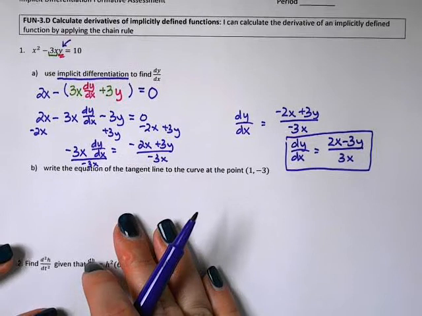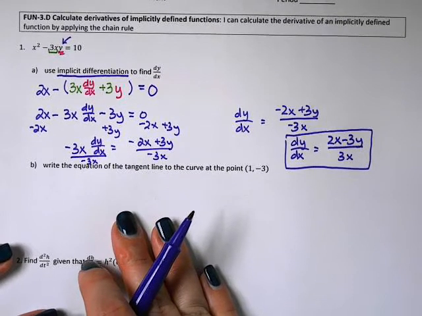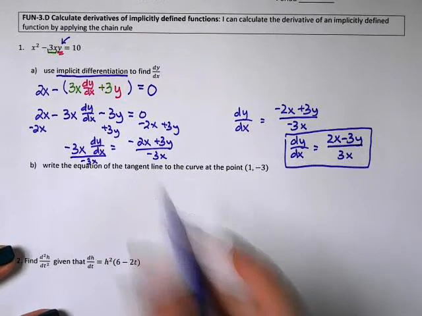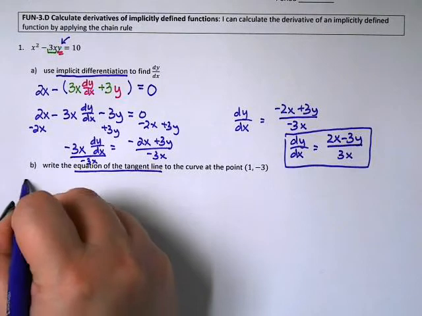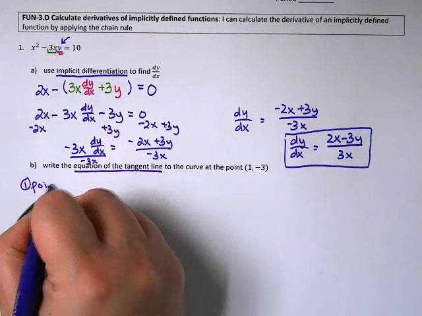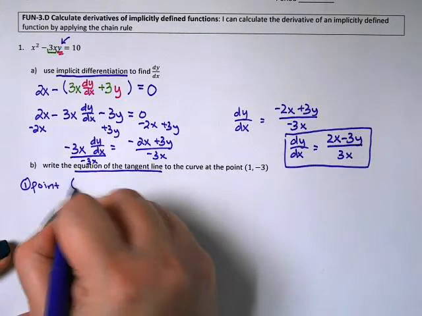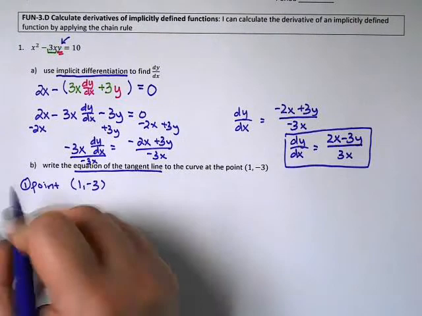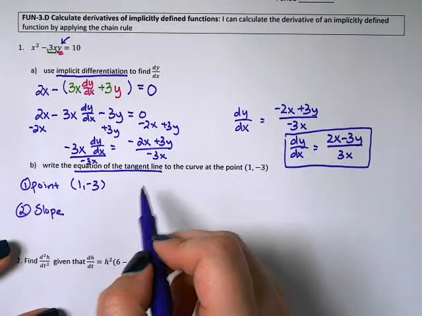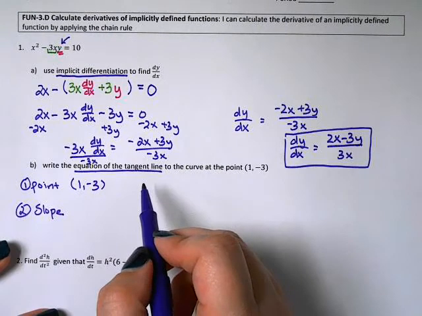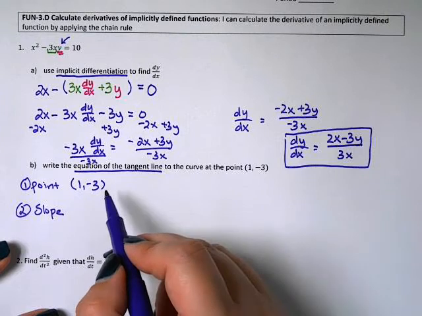Alright, part B says write the equation of the tangent line to the curve at the point (1, negative 3). So we know if we're going to write the equation of a tangent line, we need two things. We need a point, which they gave us, (1, negative 3), and we need a slope. Well, the slope of the tangent line really just means evaluate the derivative at the point we were given.